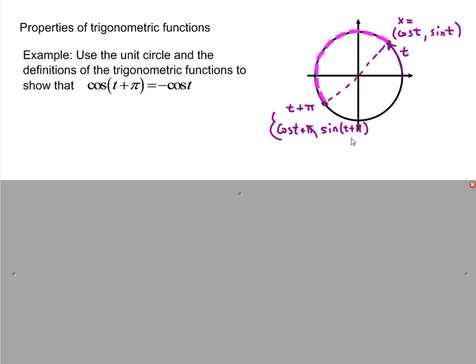So what could we possibly say about this situation? Well, our x-coordinate is going to be the same as the x-coordinate above, except that it will be negative. So cosine of t plus pi would be the negative of cosine of t.